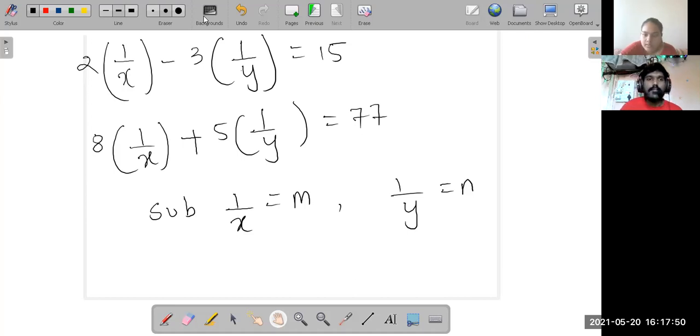So there's always a minus sign in the middle in Cramer's rule, right? Yeah, when you do the subtraction, yes. Like D is 2, 8, minus 3 and 5. So 2 into 5 minus 3 into 8, right? Yes, correct.